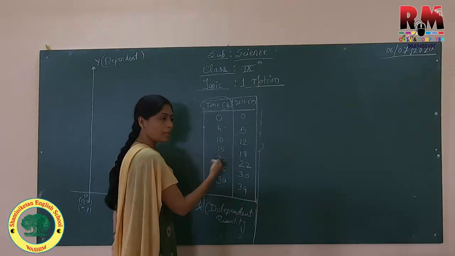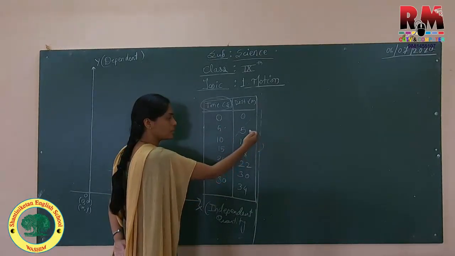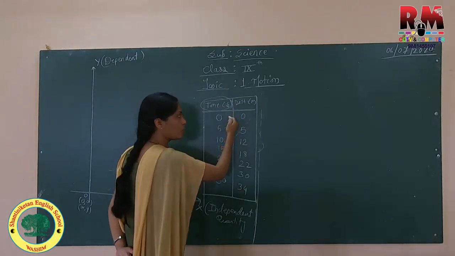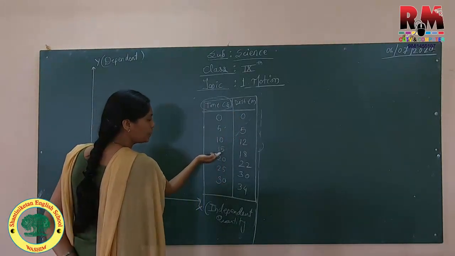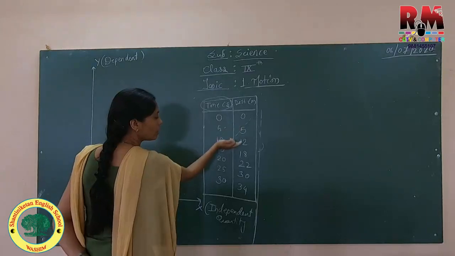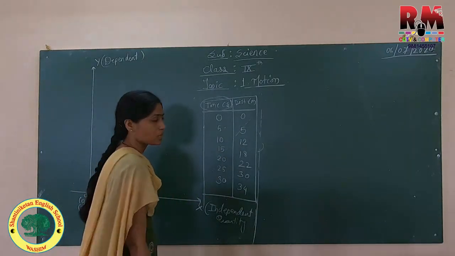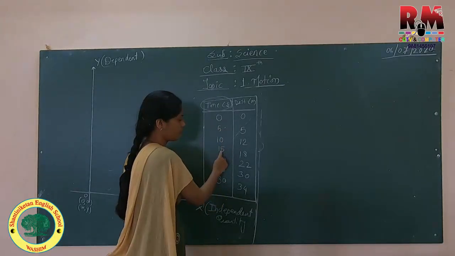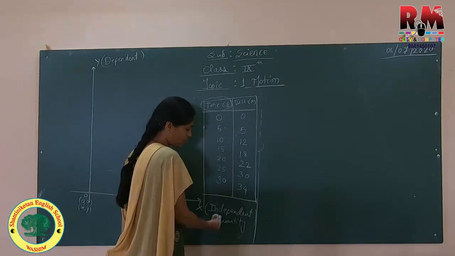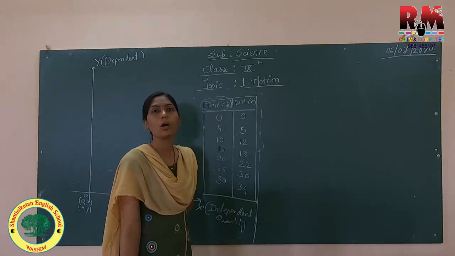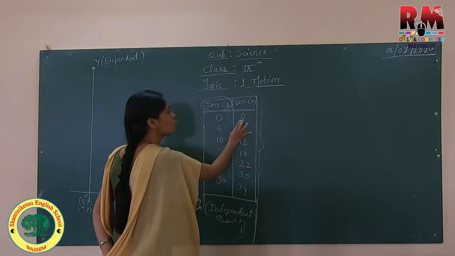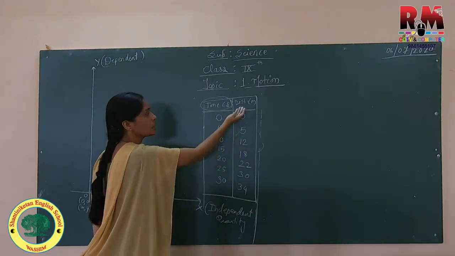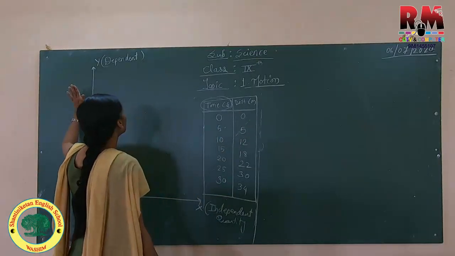Distance depends on the particular time interval we are considering. So we can also say the fixed quantity will be on the x-axis, and the quantity which may change will be written on the y-axis.